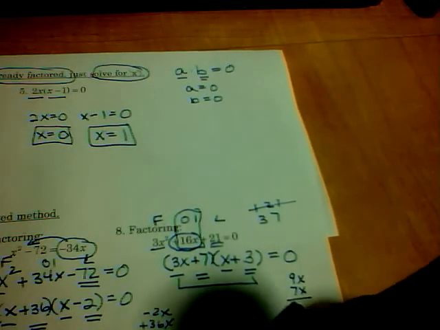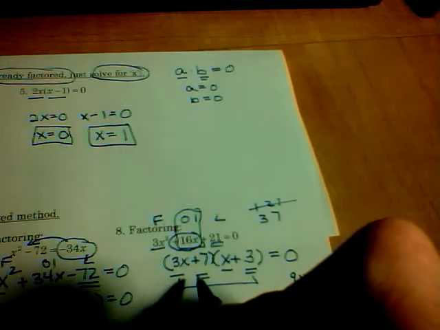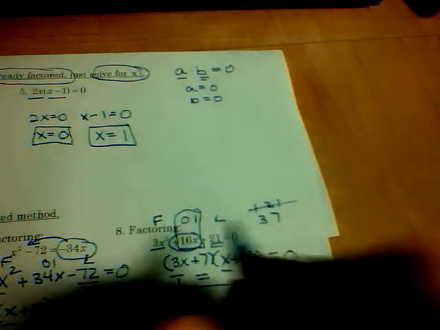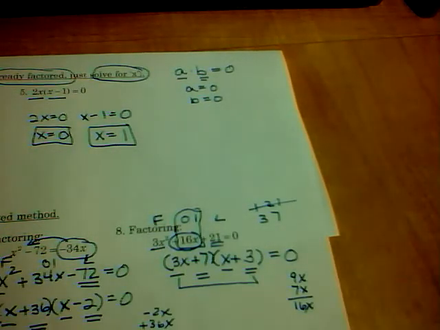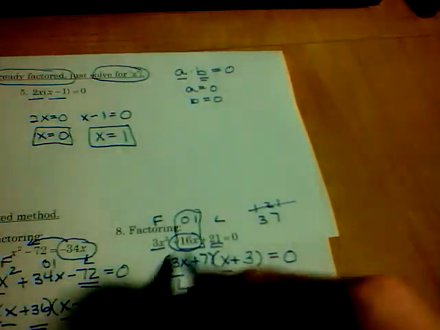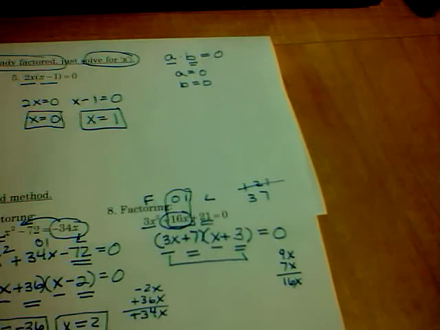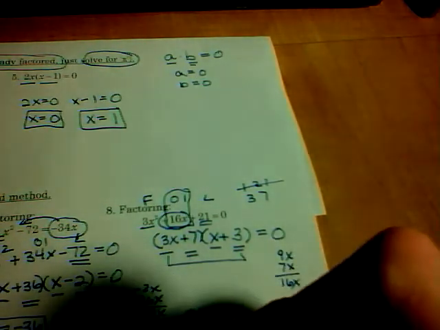And when you add those together, you do get 16x, which is what we wanted. And then the last term, 7 times 3 gets you 21. So there's our factors. And again, this one here is going to be a little tough to do mentally. The more you do, the easier this might become to do mentally. But I'm going to show the work.